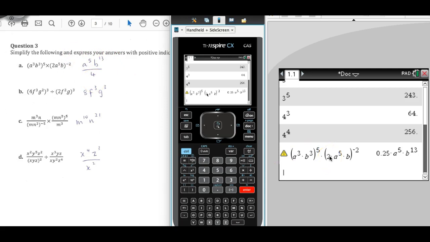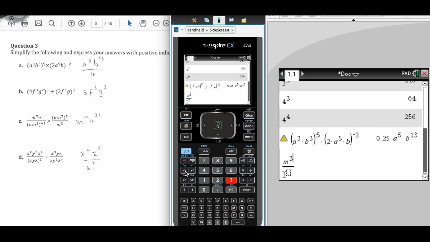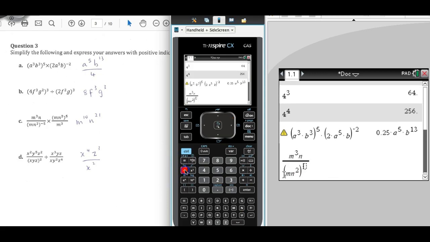All right, the next one, and I might just, actually I might not do this one. Let's do C, because C you're prone to make an error with. So we've got a fraction, so I'm just going to get my numerator and my denominator up. Okay, and I'm going to first of all make the error that you may make on your calculator, and make you aware as to whether you're doing the same error as what I'm about to do.